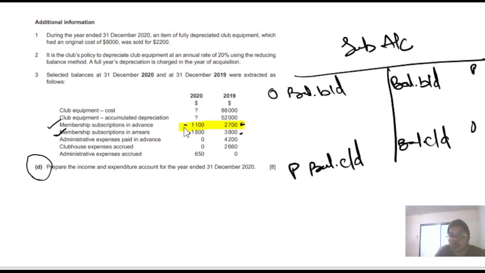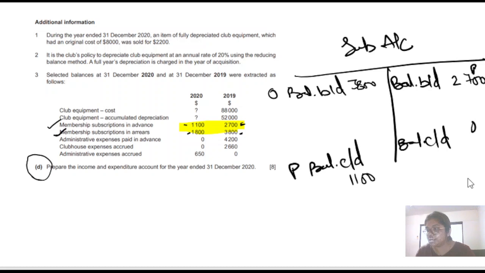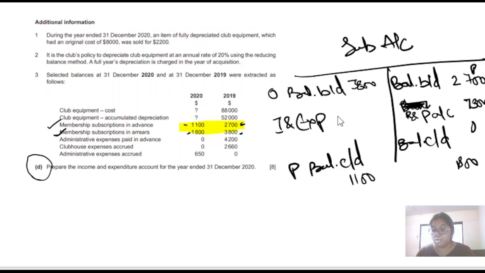The opening value of prepaid is 2,700 and closing is 1,100, and the owing opening balance is 3,800 and closing value is 1,800. Subscription received during the year is already given in your receipt and payment account, so write it here, 73,000. Whatever the balancing figure is, you have to transfer it to your income and expenditure account. That is 62,600.